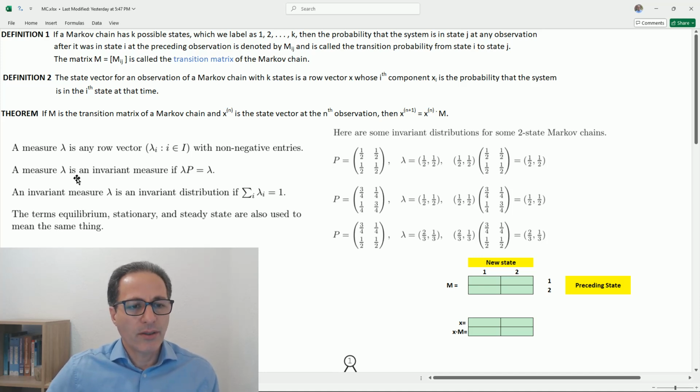A measure is called an invariant measure if we multiply it by the probability matrix P and we get the same vector, so it remains unchanged and we call it invariant. In case this lambda is a probability vector, meaning the sum of the entries is equal to 1, we call it an invariant distribution or invariant state, steady state, any of these names. So these are equivalent.